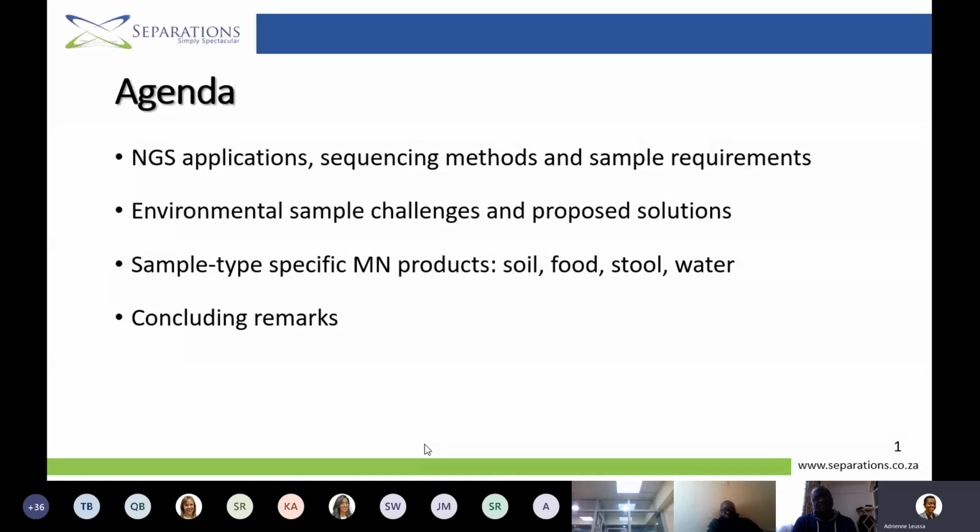We would also look at some of the challenges that you get to face when you are using or planning to use environmental samples for NGS and our proposed solutions. In the later part of the presentation, I'll go through how MN Macherey-Nagel, who is one of our principal suppliers for nucleic acid purification products, addresses these challenges specifically in categories of soil, food, stool, and water or air samples. And we'll have some concluding remarks at the end.